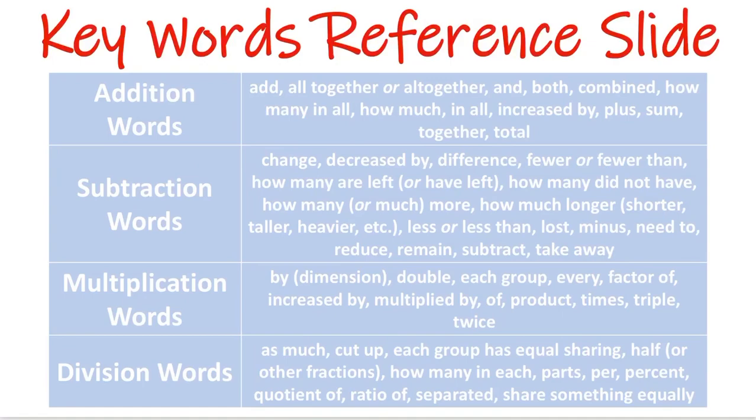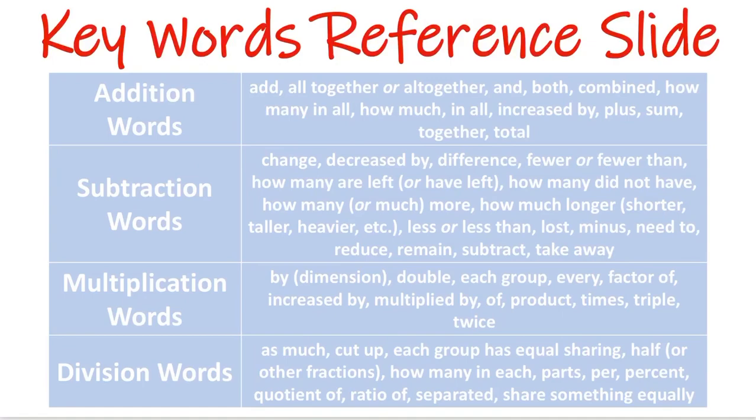So you won't really be needing to use the keywords reference slide, because you'll be only multiplying and dividing when you're converting. But you need to figure out, okay, am I going from a small unit to a larger unit? And if that's the case, you'll be dividing. If I go from a larger unit to a smaller unit, you're going to be multiplying.